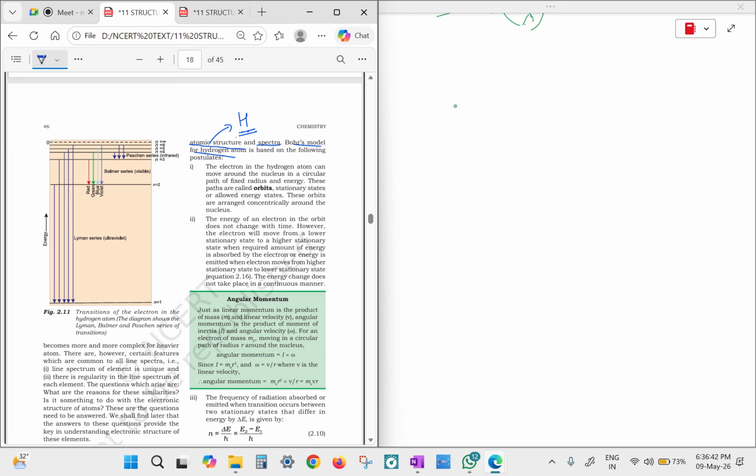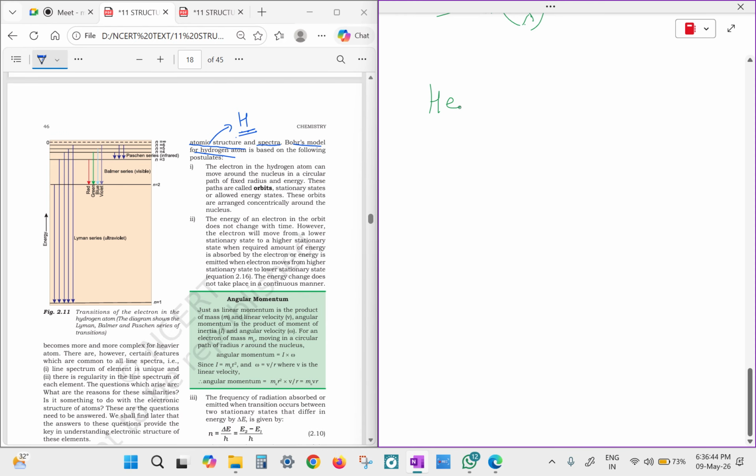For others, if I study the spectrum of helium, helium is a 2 proton, 2 electron and 2 neutron system, correct? Compared to hydrogen, which is 1 proton, 1 electron, there will be only attractive force between proton and electron.